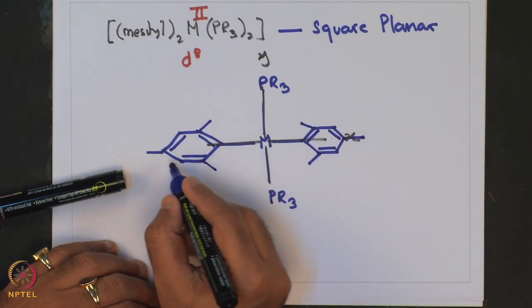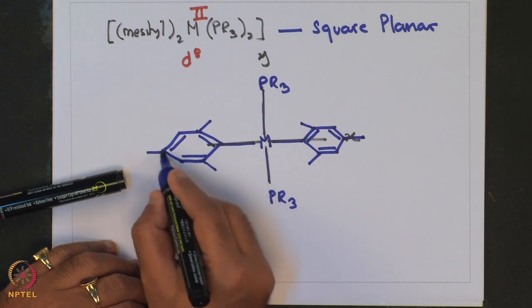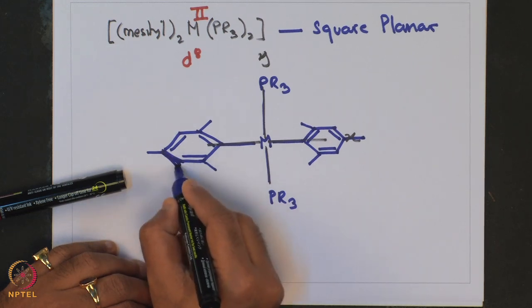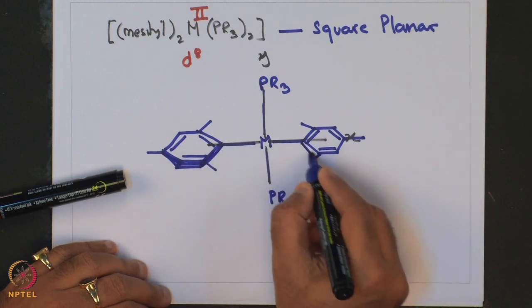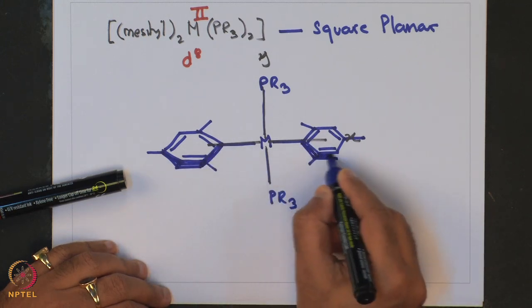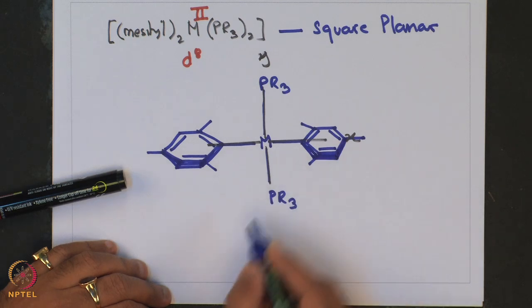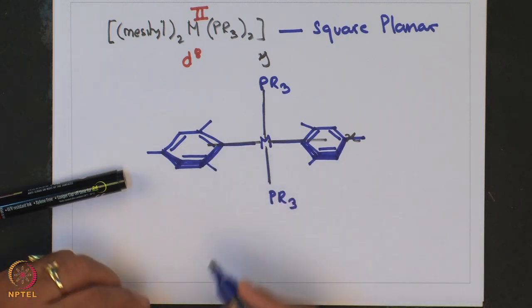Now, this mesityl moiety is in a plane perpendicular to the plane of the paper, and this is designated by the wedge bond shown over here.